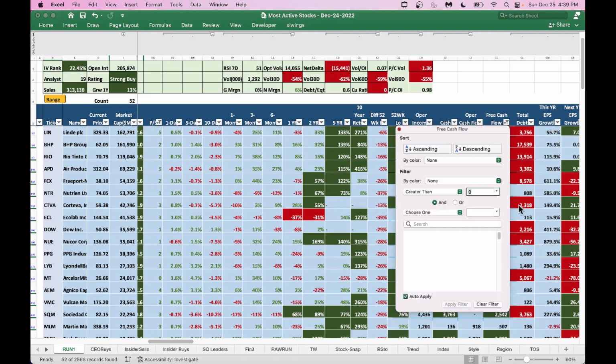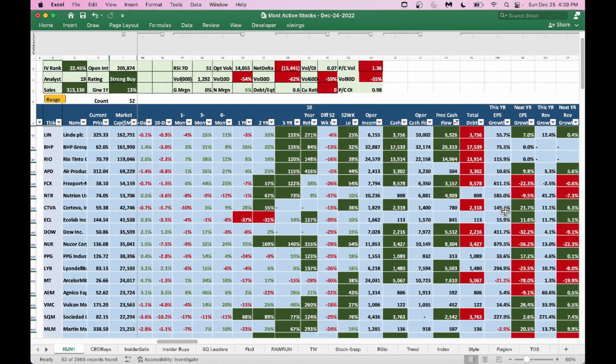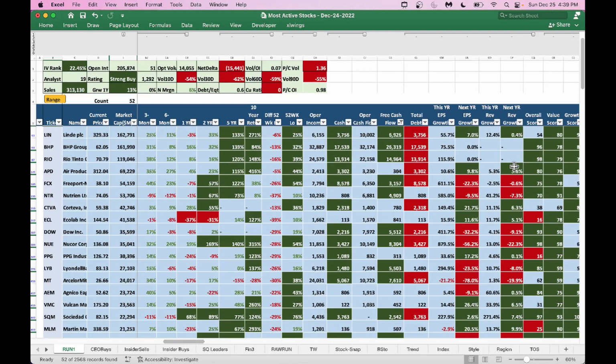All right, so we got positive free cash flow companies, and look, we got debt. Total debt here, and it's very important for the companies to grow. As you can see here, we got some companies with negative growth this year, and we got this year revenue growth. I would focus more on the next year here.